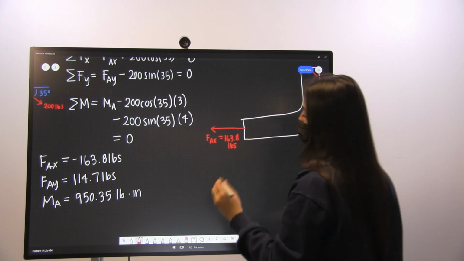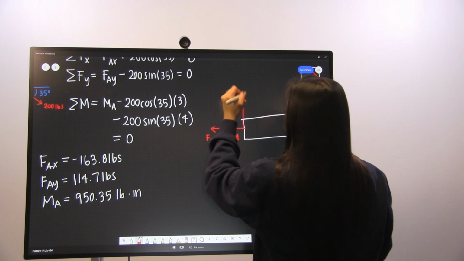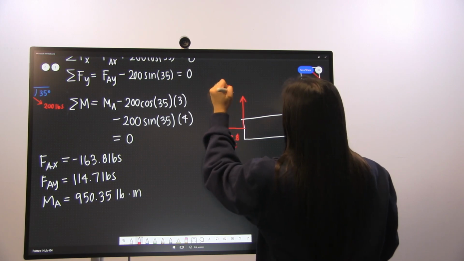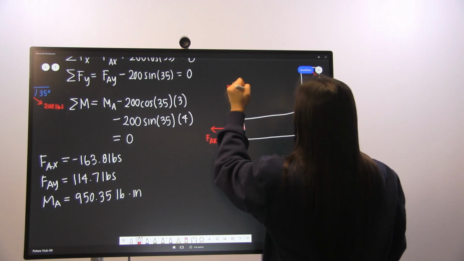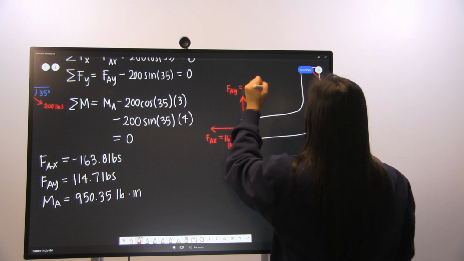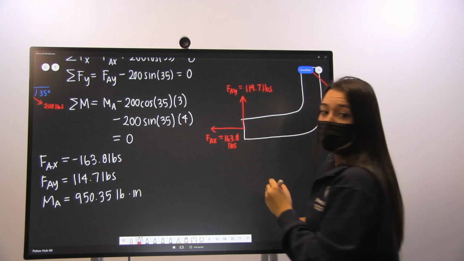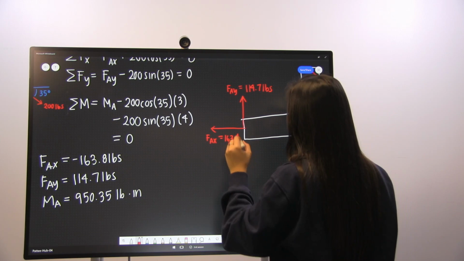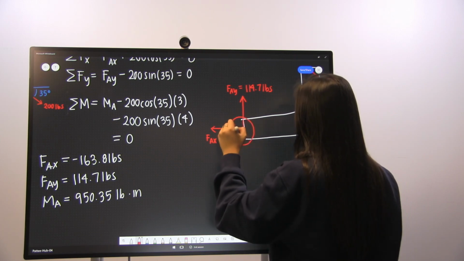And then our FAY, which is positive, so that will point upwards, is 114.7 pounds. And then of course, our moment is positive, so that's going to go in the counterclockwise direction.